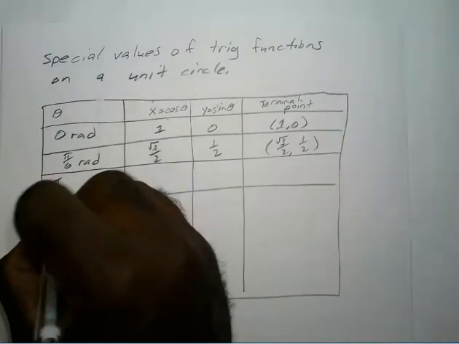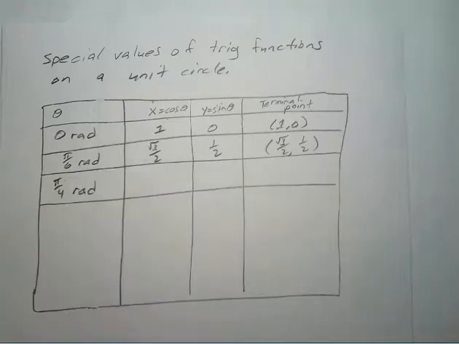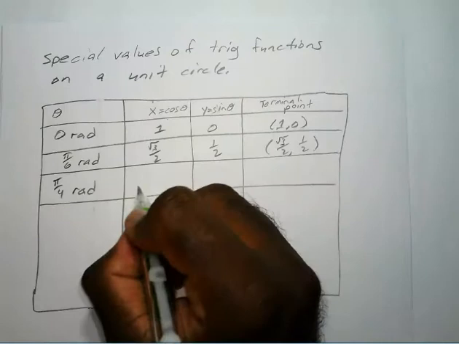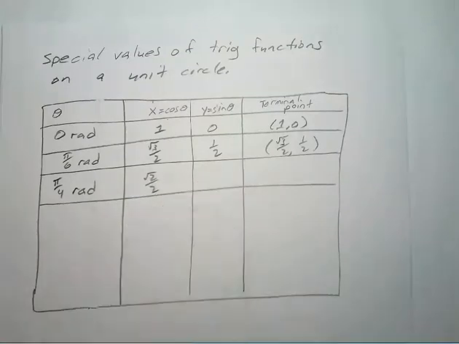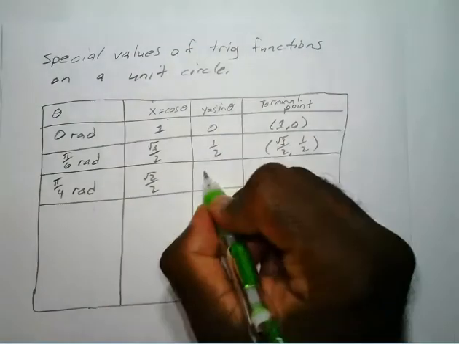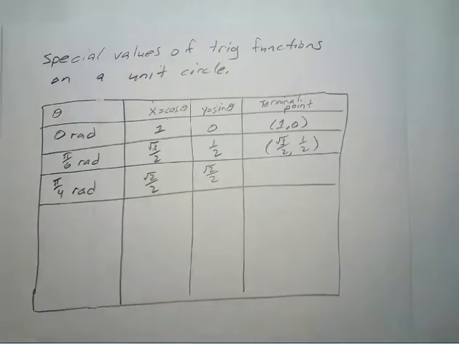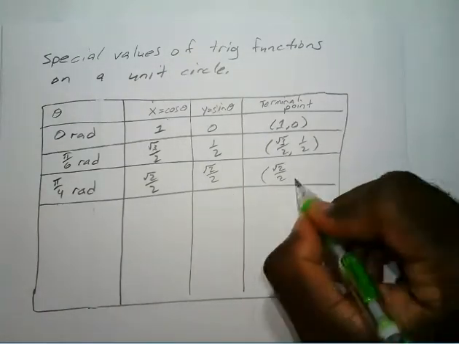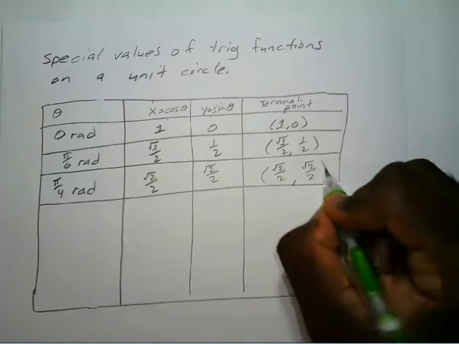Your pi over 4 radians, cosine of pi over 4 is square root of 2 over 2, and sine of pi over 4 is square root of 2 over 2, which gives you the terminal point of square root of 2 over 2, square root of 2 over 2.